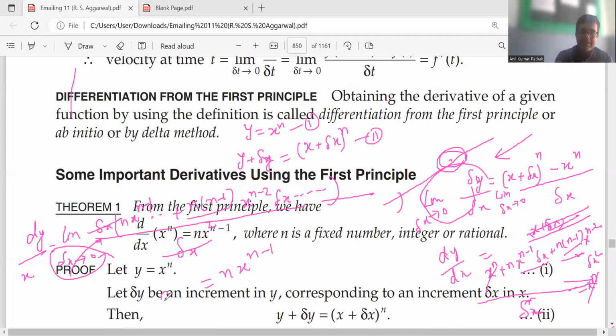So this is dy by dx, where y is given as x to the power n. So we can write the differentiation of x to the power n by dx is equal to n x to the power n minus 1. So this is our first formula.